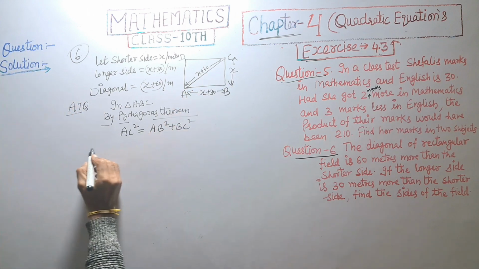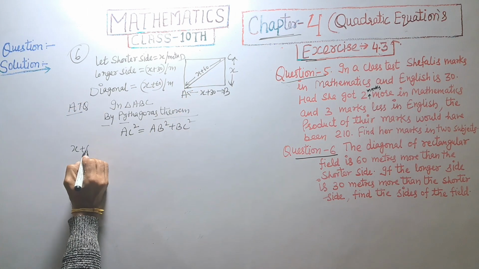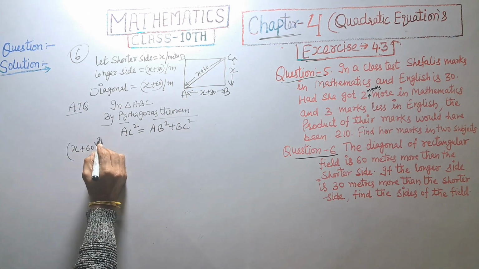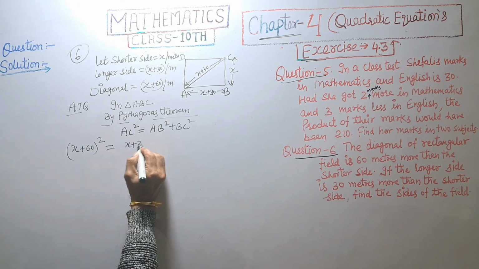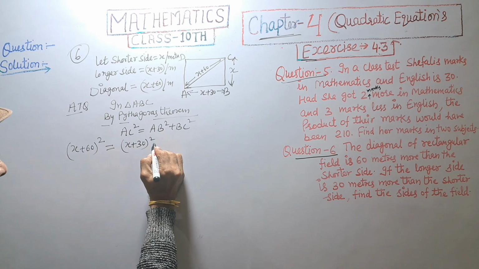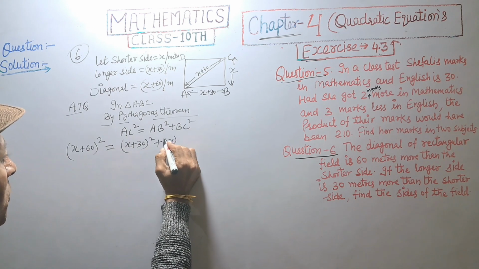AC here is x plus 60, so (x plus 60) raised to power 2 is equal to (x plus 30) raised to power 2 plus x raised to power 2.